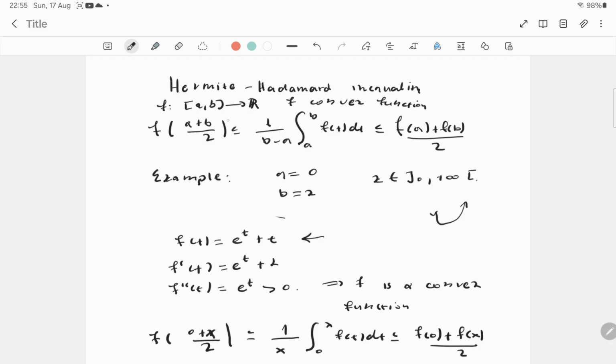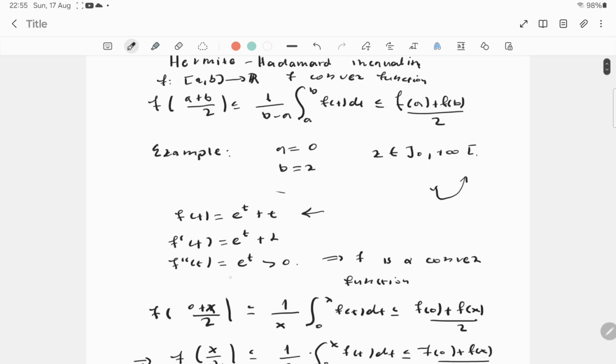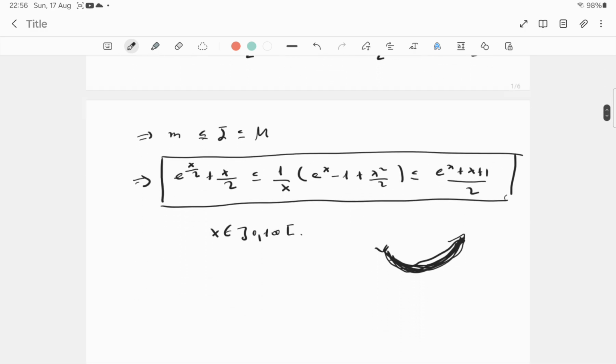Of course, you have to be careful about the domain of the function. You have to choose the domain of the function and then pick the appropriate function. Make sure that it's convex, like we have shown here. And then you can use this, compute the lower and the upper bound and the middle term of the inequality and reach that conclusion here.